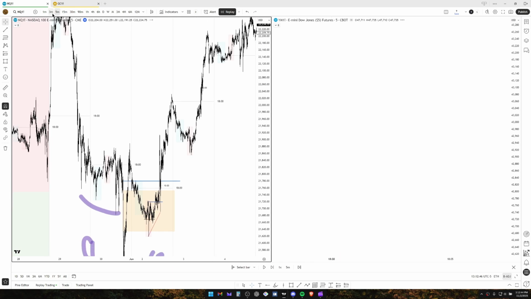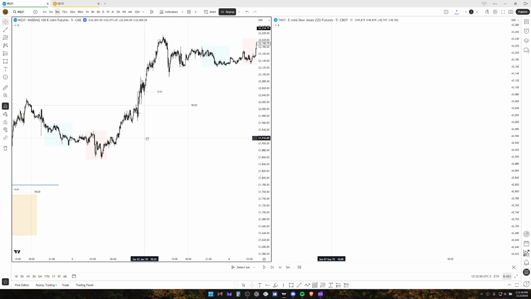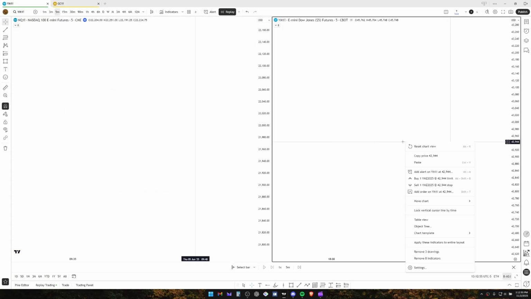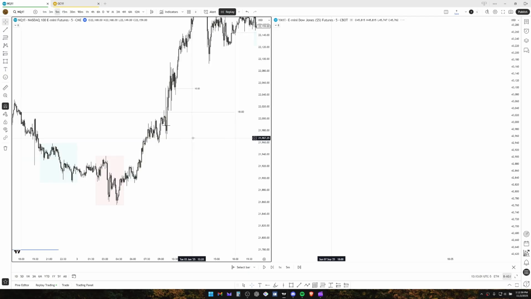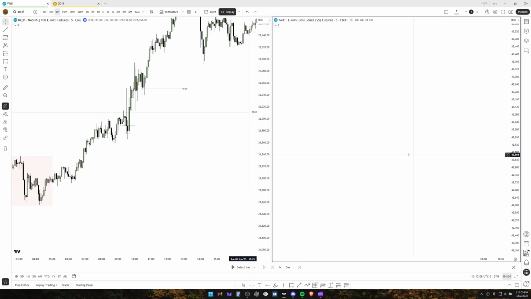But with the lower time frames, I just gyrate around all of them: 15, 5 minute, 3 minute, 1 minute. Once you really understand it, even the lower time frame candles are literally the same thing as the higher time frame candles. It's just broken down. I'm just spotting them.